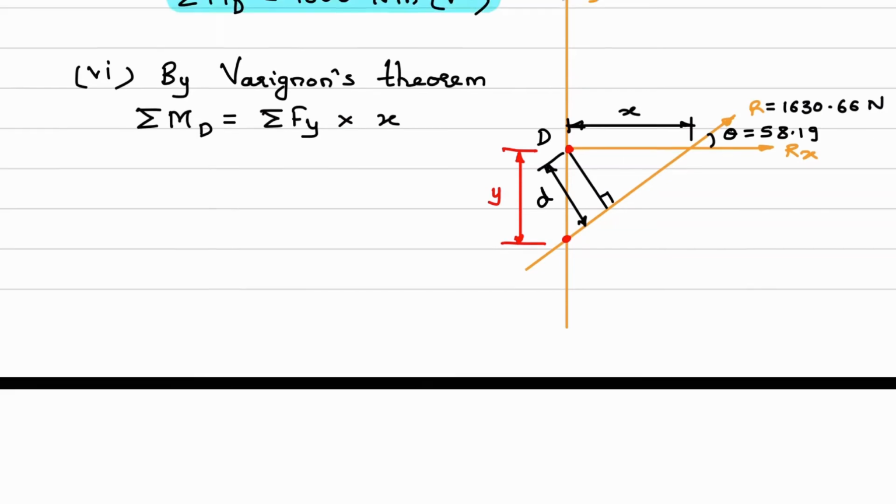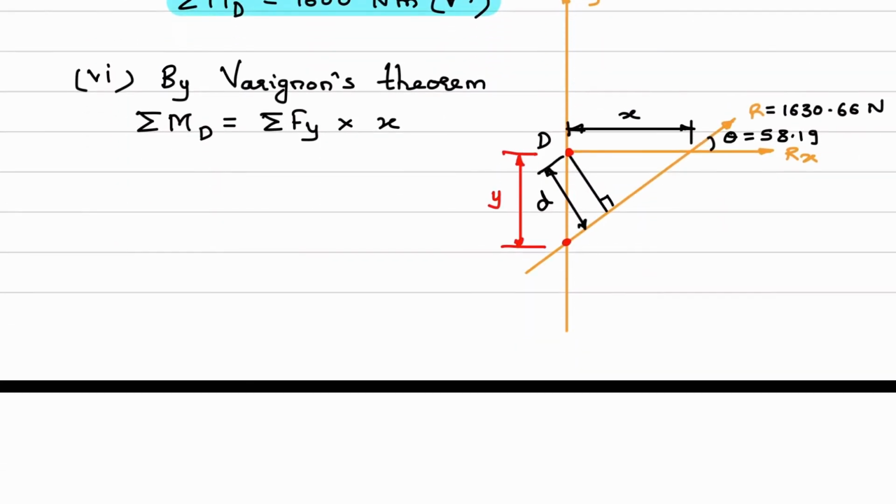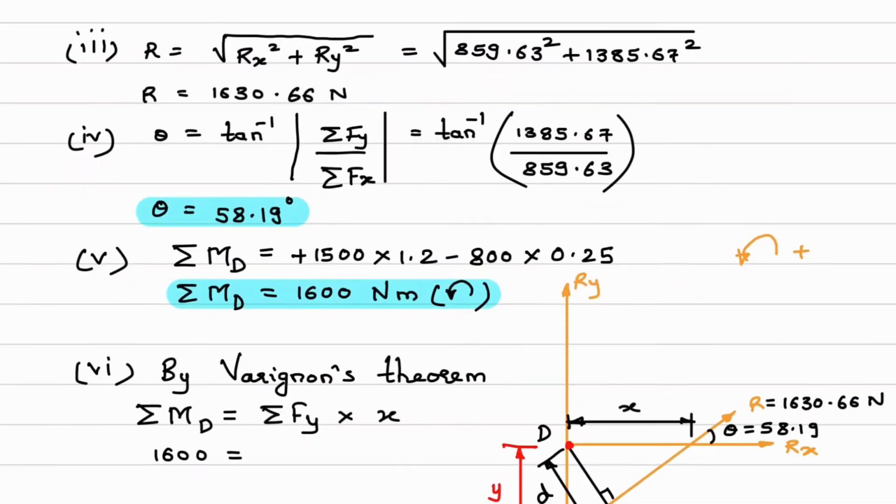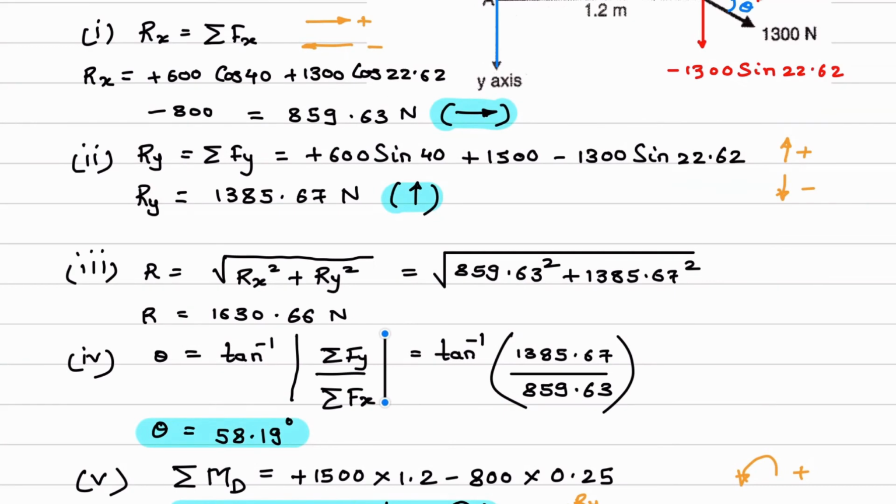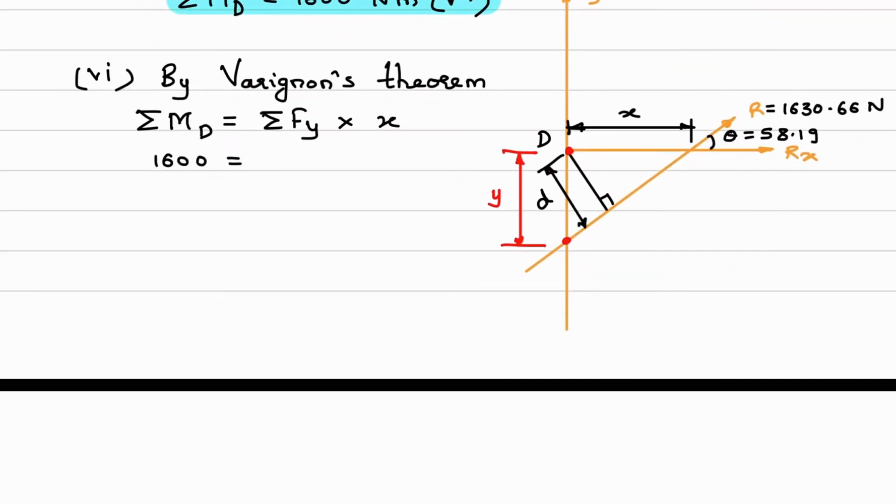Summation of moment about point D is 1600, equal to summation of Fy, which is 1385.67, into x. So from here we will get x, which is equal to 1.15 meter. This is x-intercept.